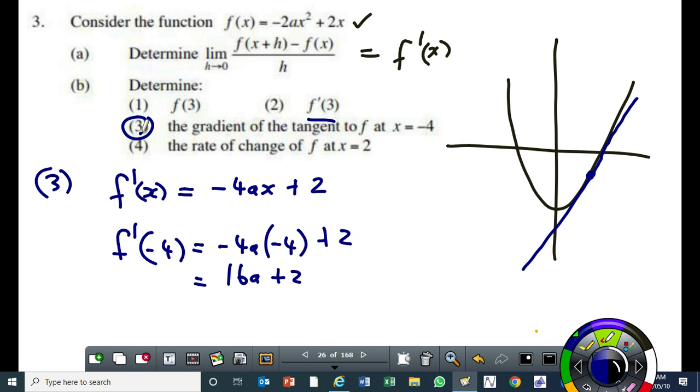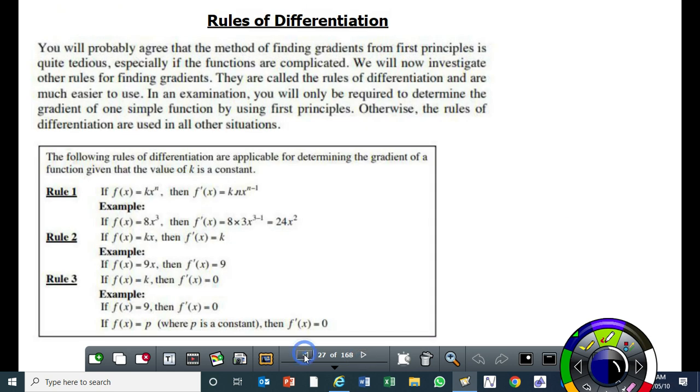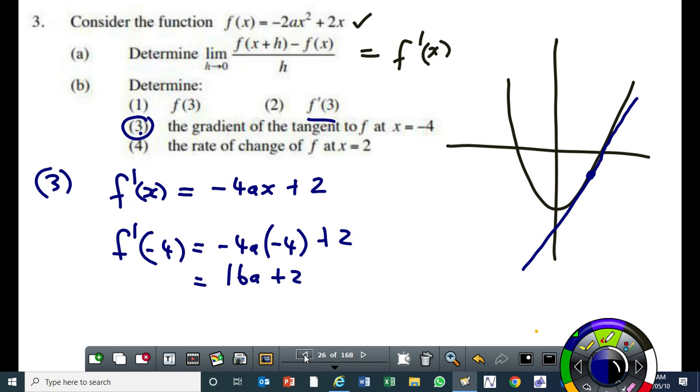It's just that the meaning of gradient is being changed, from m to f prime of 3, then gradient of tangent is the same, rate of change is also the same. Okay? So if I want to do number 4, I can do it on a new page.